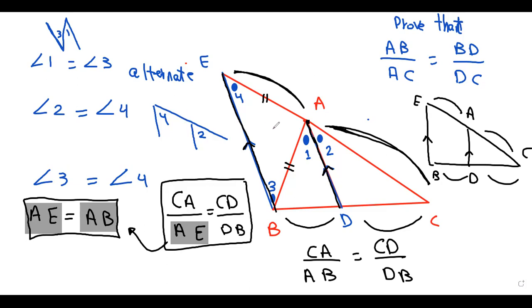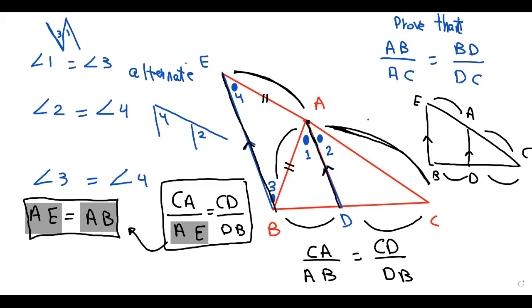Then if we look at the proof, we will find that I have proved CA over AB is equal to CD over DB. Let's look at the triangle. This is CA, this side.